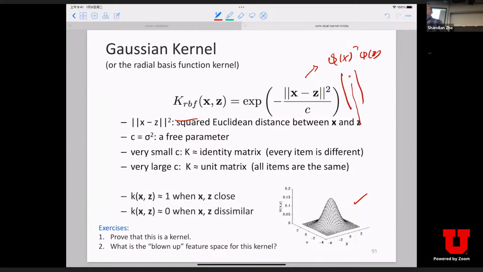If you just write down the feature vector, it's infinitely long. That's one example showing you the power of the kernel trick. It can compute the dot product after mapping to an infinite dimensional feature vector.